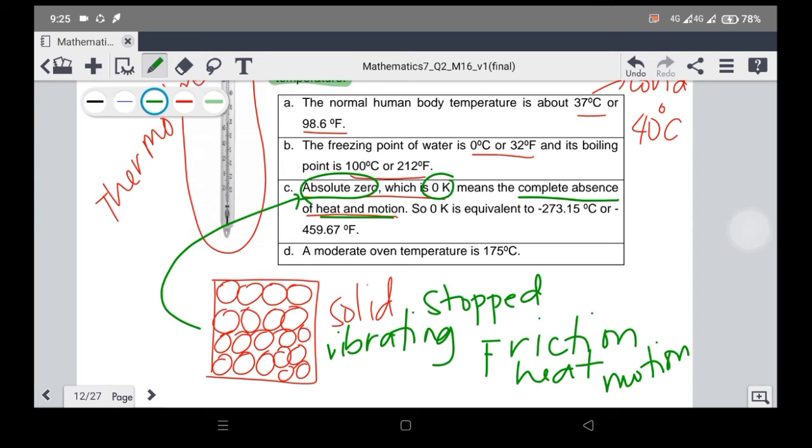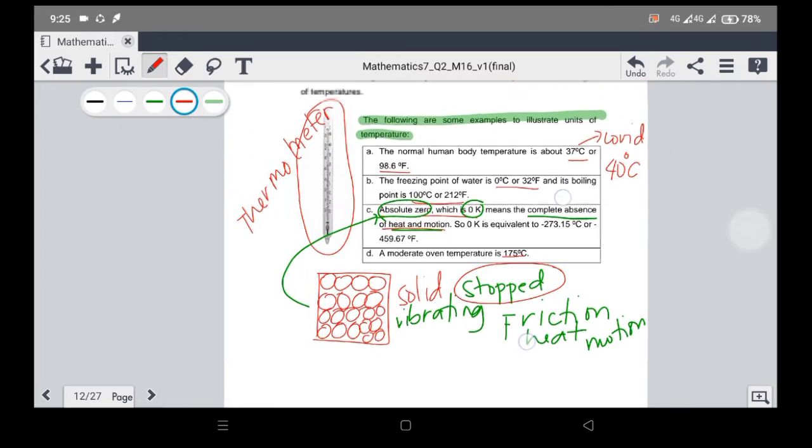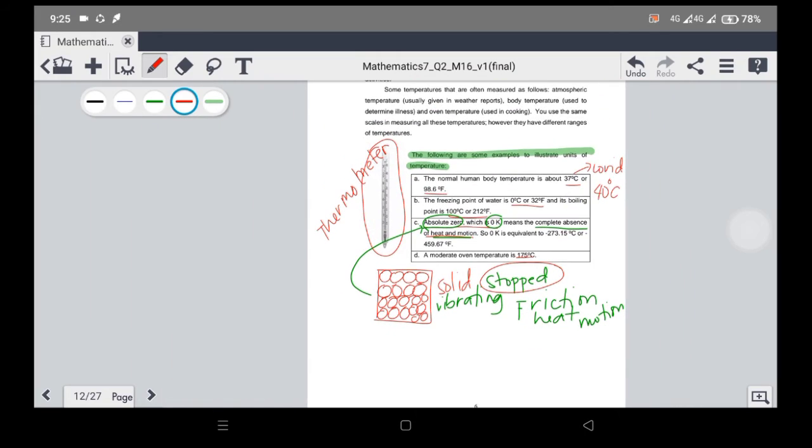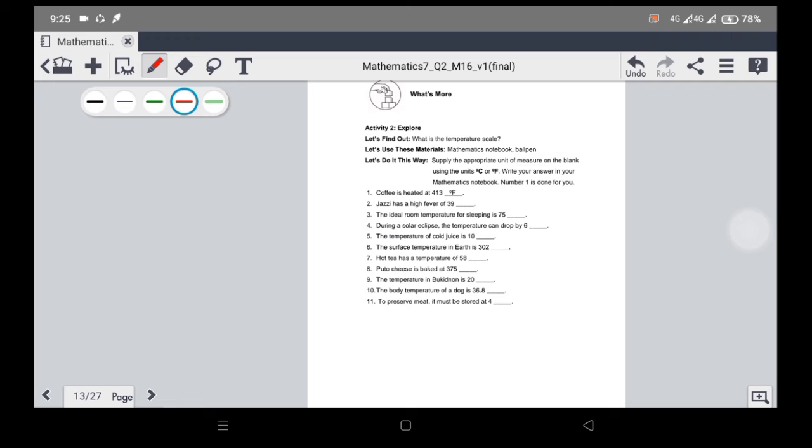When an object reaches 0 Kelvin, it means complete absence of heat and motion. Everything is stopped. Next, a moderate oven temperature is 175 degrees Celsius. So that's it for temperature.